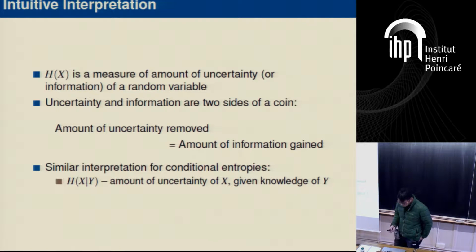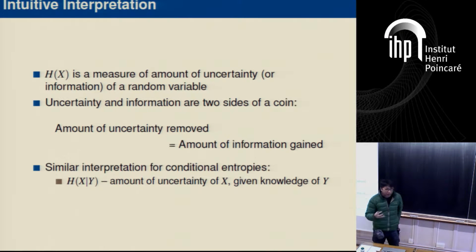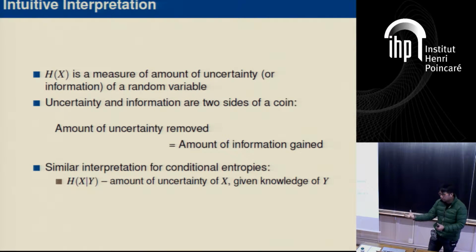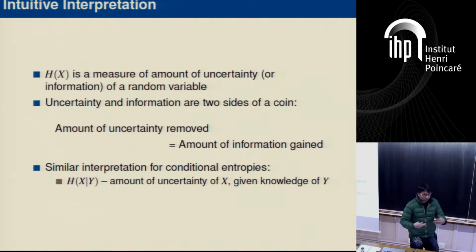As I said, entropy is a measure for uncertainty, and it can also be interpreted as a measure for information. So how do we equate these two concepts? You can think about an event. I don't know what the outcome is. There's an uncertainty about this outcome, but once I know what the result is, I know the information, then the uncertainty will be gone.